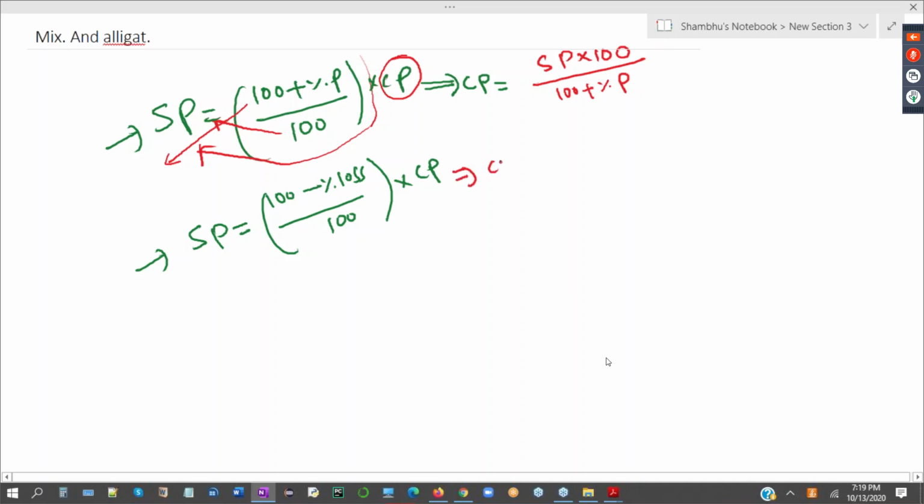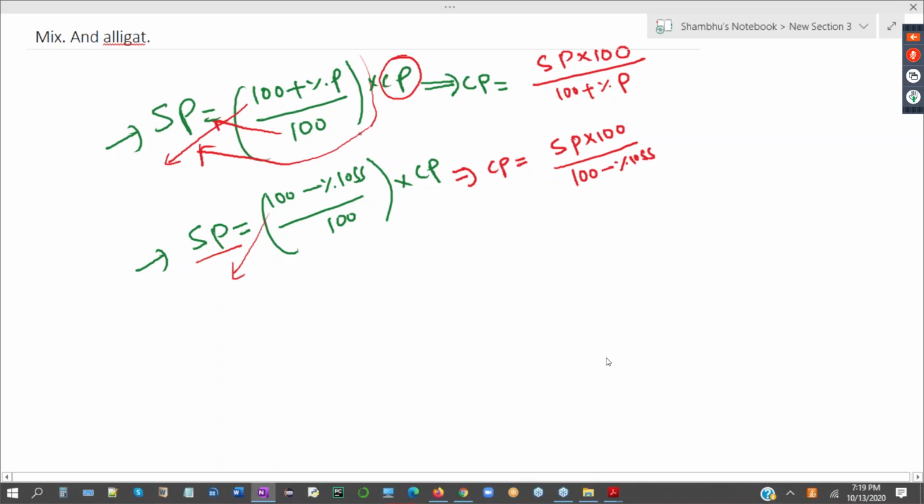If there is loss, then CP will be SP multiplied by 100 divided by 100 minus loss percent.